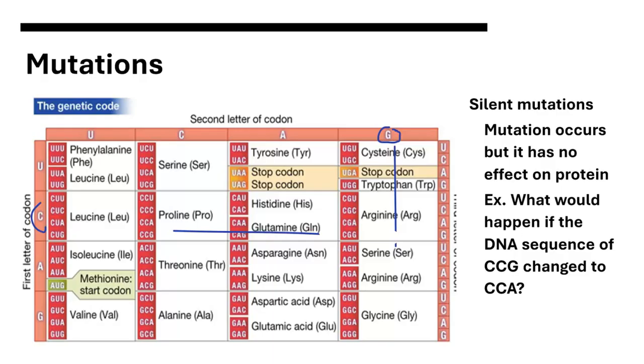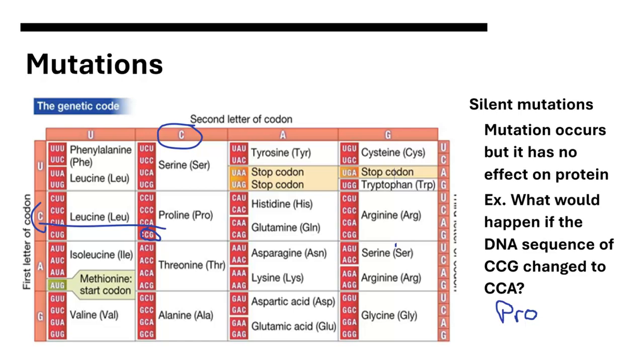Nope, I apologize, I went too far. All right, let's back it up a little bit. All right, so here's our C. So C, C, G. So CCG right there is proline. All right, so let me write that down, PRO for proline.